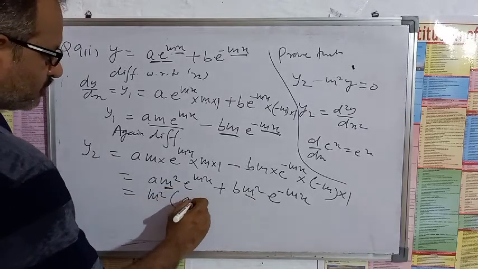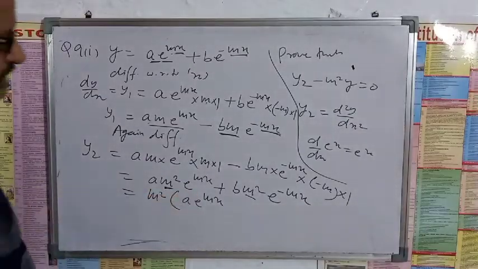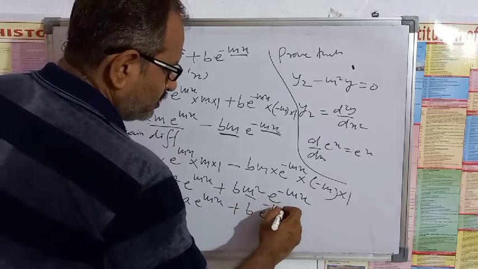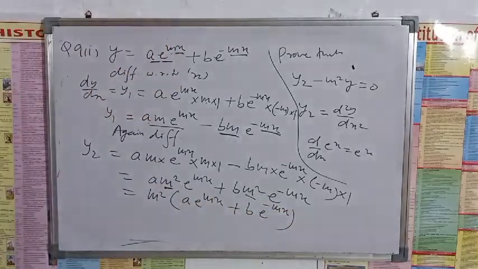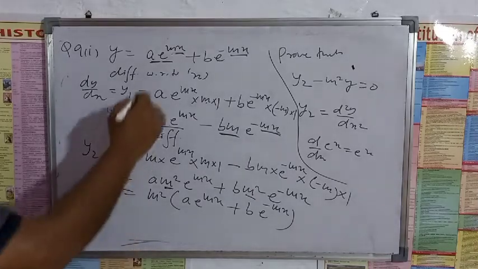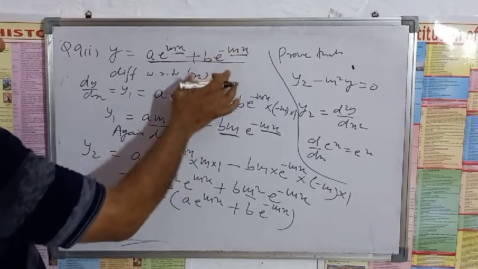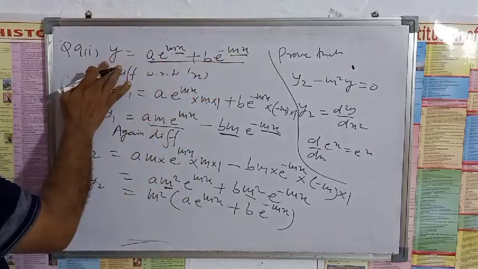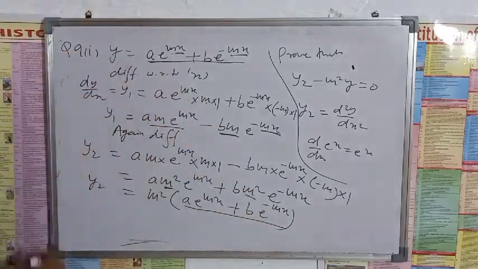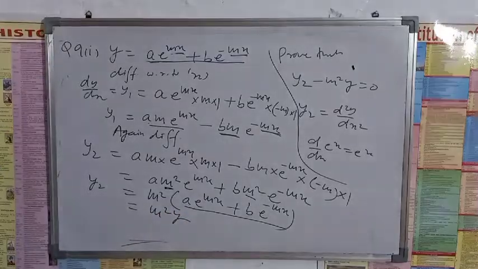M square into a e to the power mx plus b e to the power minus mx. Tell what is this one? A e to the power mx plus b e to the power minus mx is equal to y. So we can write it m square y.